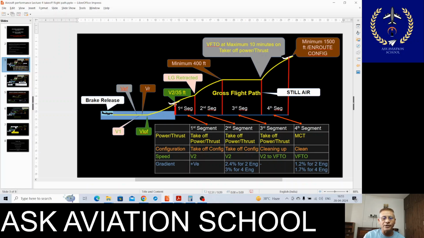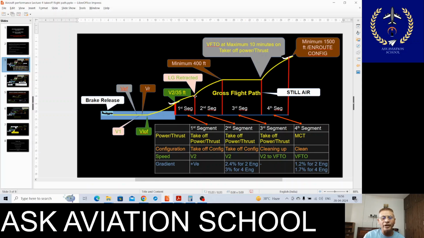As discussed, the first segment will start at the time when you reach V2 at 35 feet screen height at the end of the takeoff distance available. At this moment, the aircraft is going to take the landing gear, or undercarriage, up.